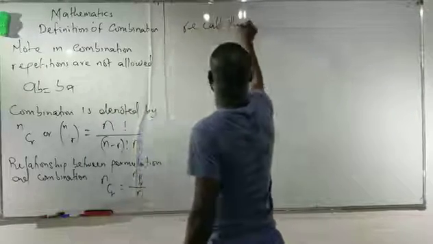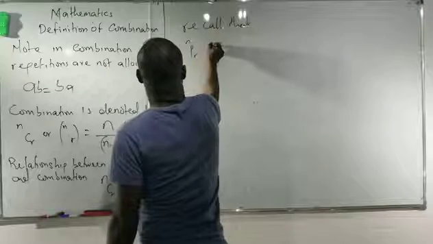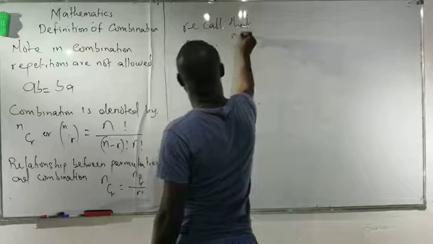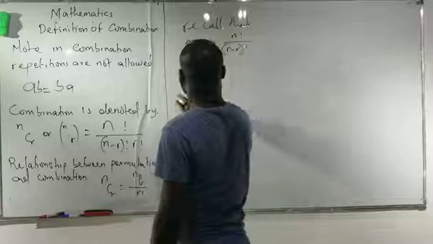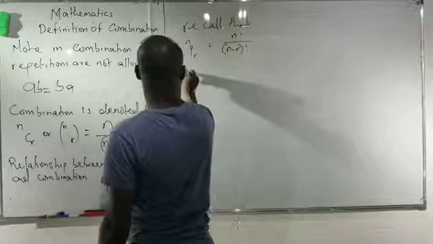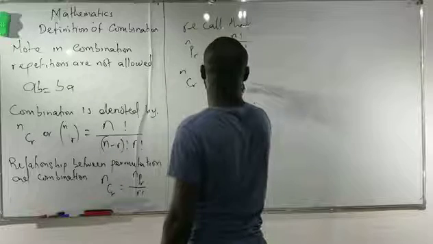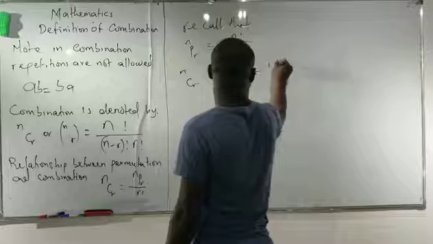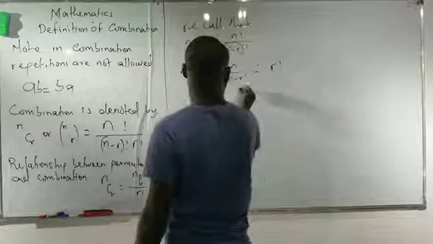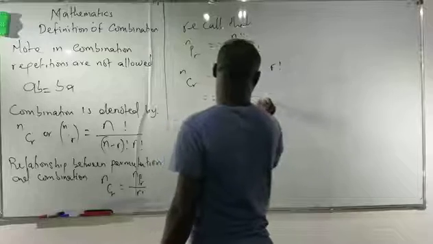Now, you can recall that n permutate r equals n factorial over (n minus r) factorial, and it means I can say that nCr equals n factorial divided by (n minus r) factorial times r factorial, which can also be written as n factorial over (n minus r) factorial r factorial.